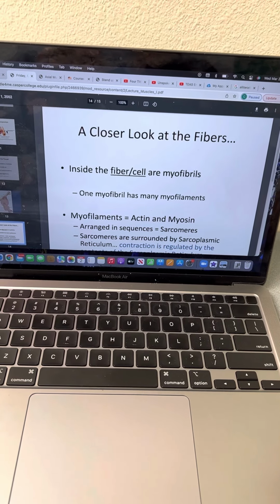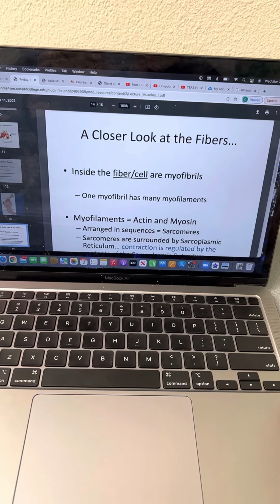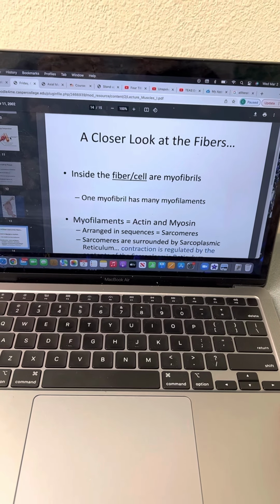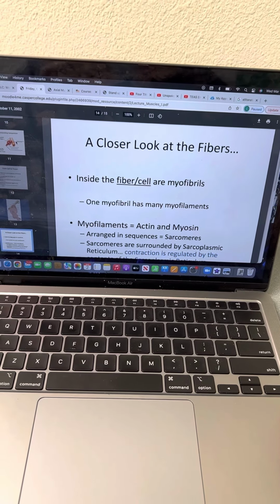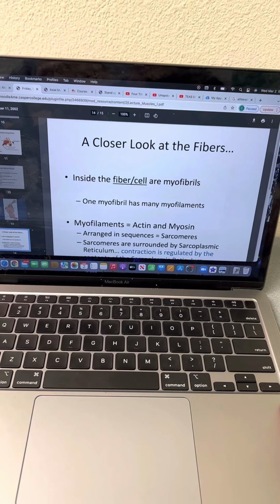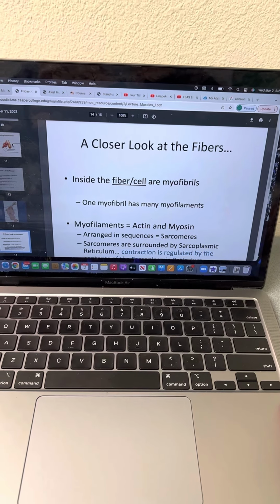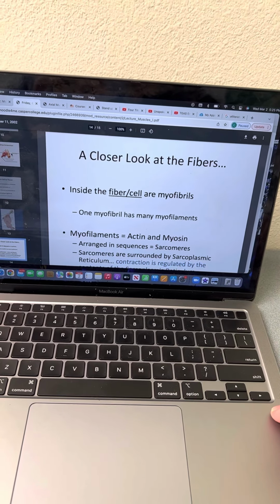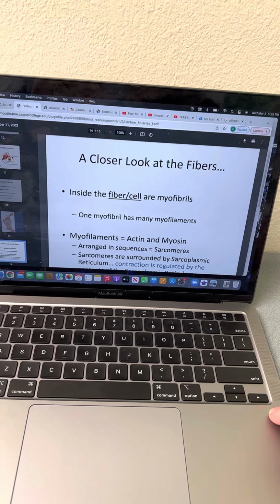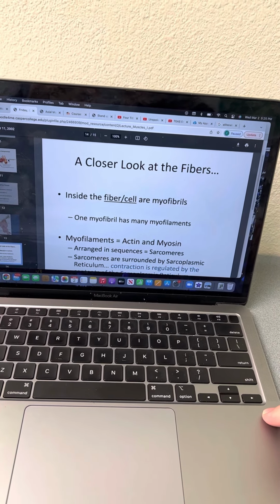Arranged in sequence they form sarcomeres. Sarcomeres are surrounded by sarcoplasmic reticulum. Contraction is regulated by the contents of the sarcoplasmic reticulum.